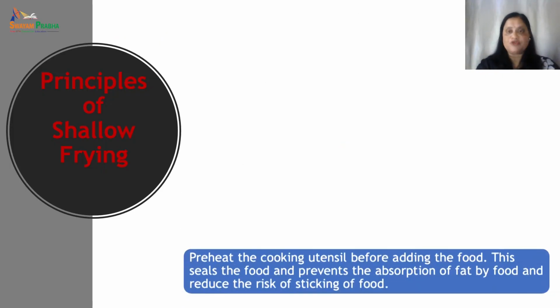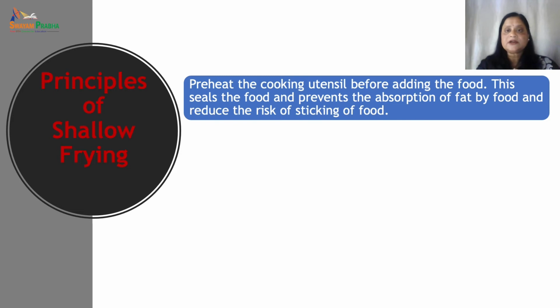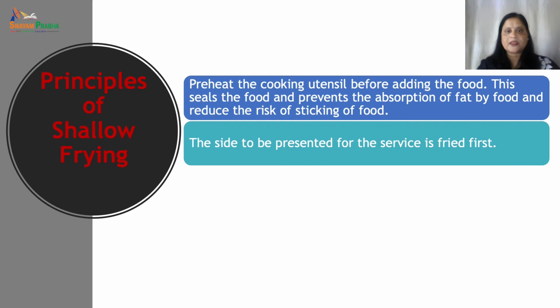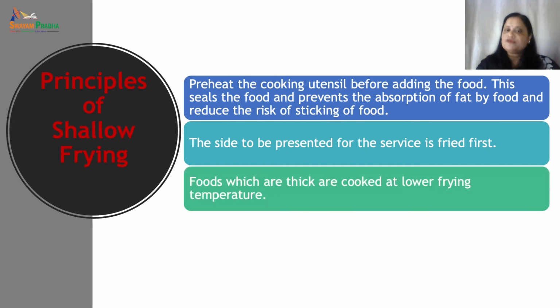Principles of shallow frying. Preheat the cooking utensil before adding the food. This seals the food, prevents the absorption of fat by the food, and reduces the risk of sticking. The side to be presented for service is fried first. Foods which are thick are cooked at a lower frying temperature.